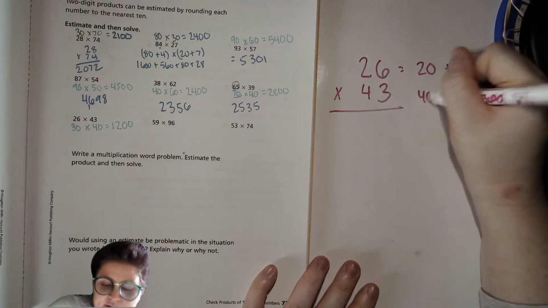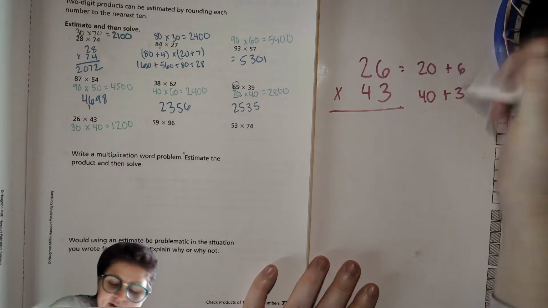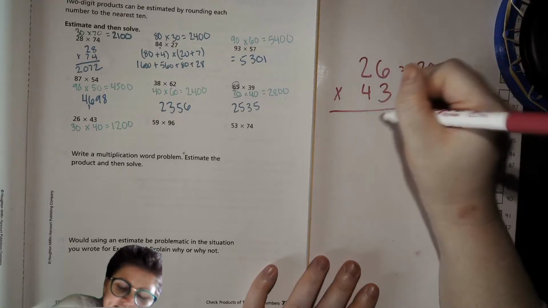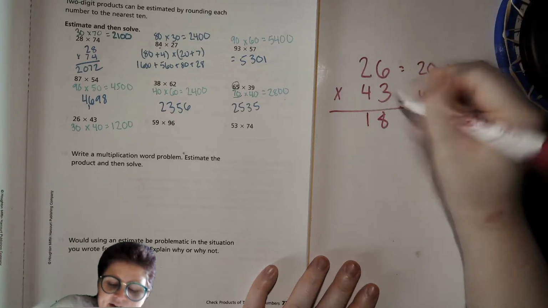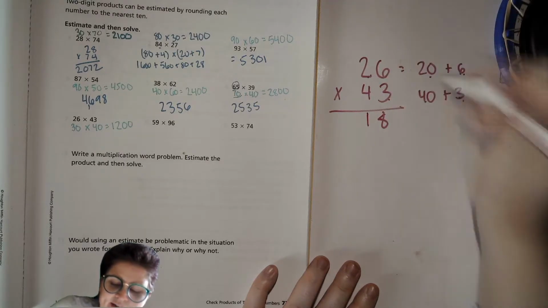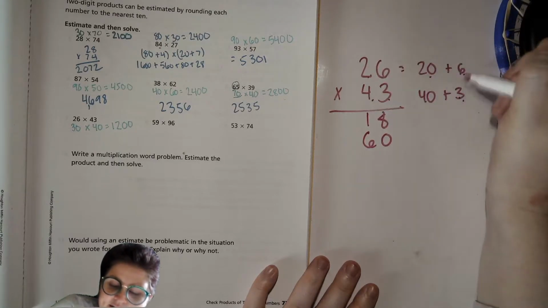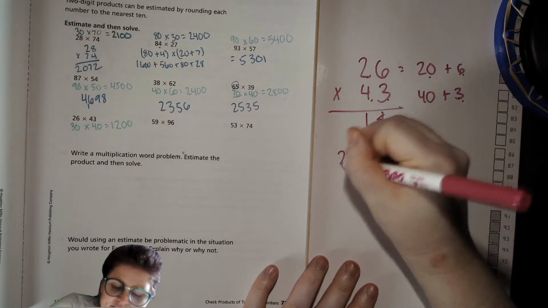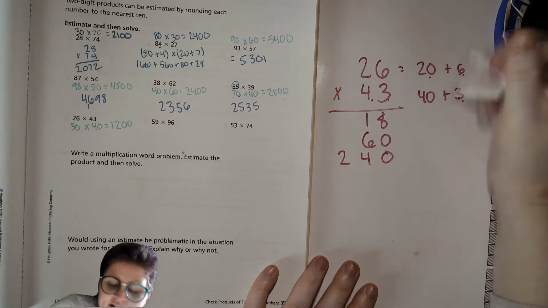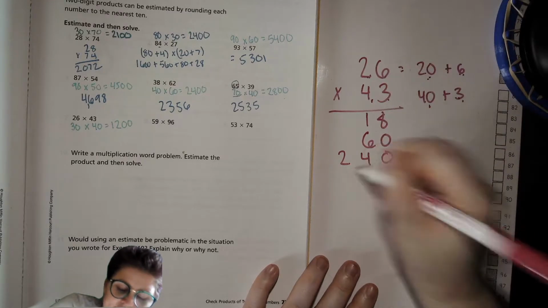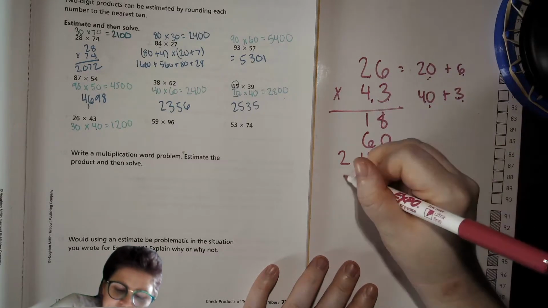So we'll do our 3 times our 6, 18. Our 3 times our 20, 60. Our 40 times our 6, 240. And our 40 times our 20, 800, right?